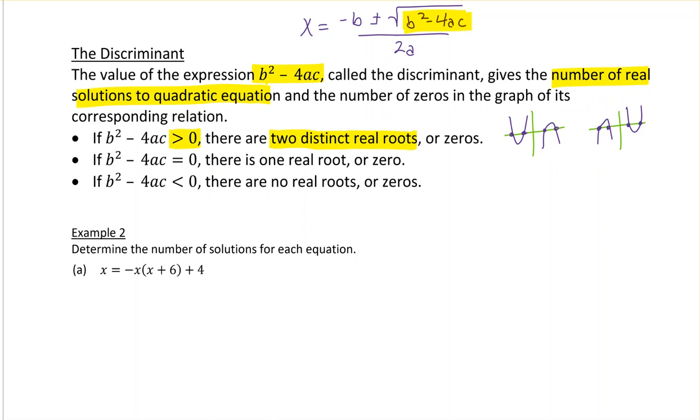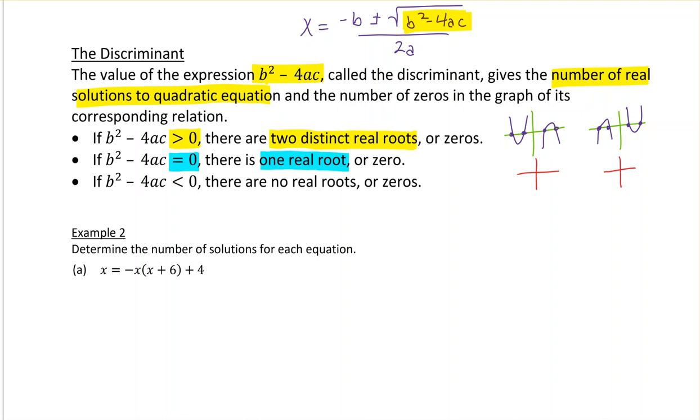Now if I look at the next one, if the discriminant is equal to 0, there's 1 real root. And up top when we were doing that example, I asked you to think about a scenario where this would be true. So if I draw some additional graphs, how do we have 1 solution?